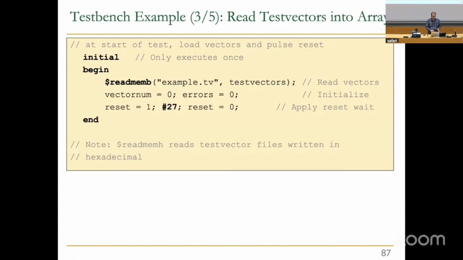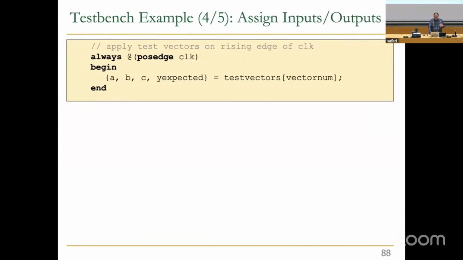So that's your initialization. Then we have this always block at the positive edge of the clock, where you're giving input to your device under test. At the positive edge, you read from test vectors at vector number, which is initially 0, so you're reading the first element.